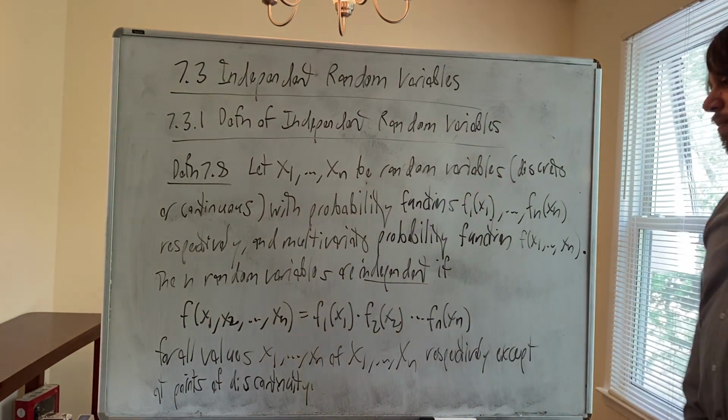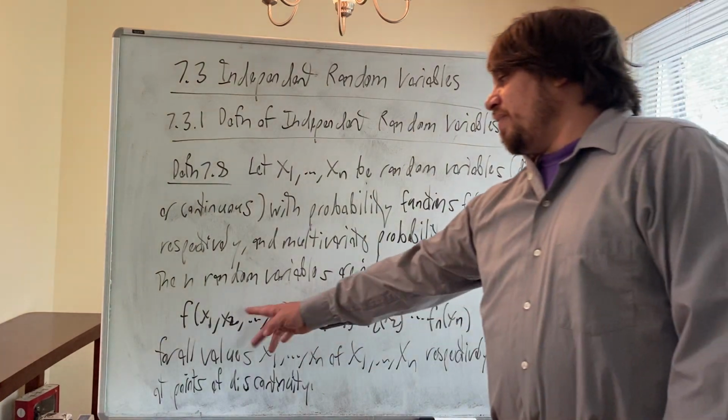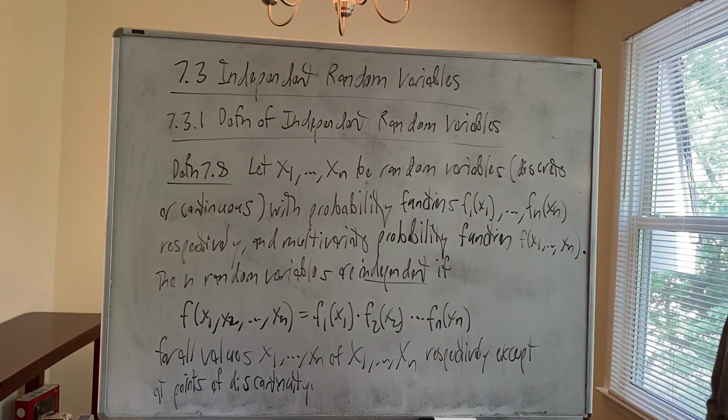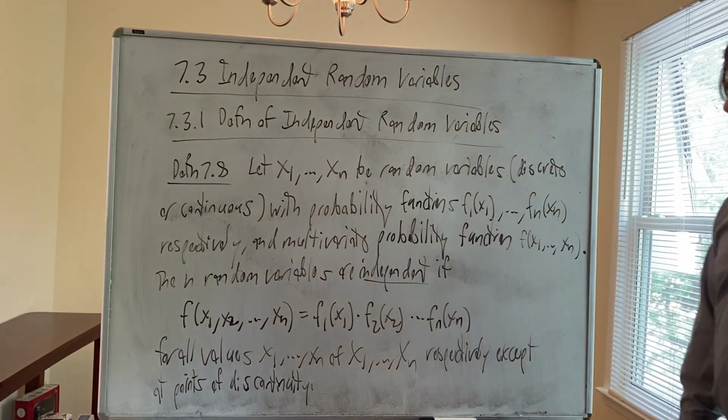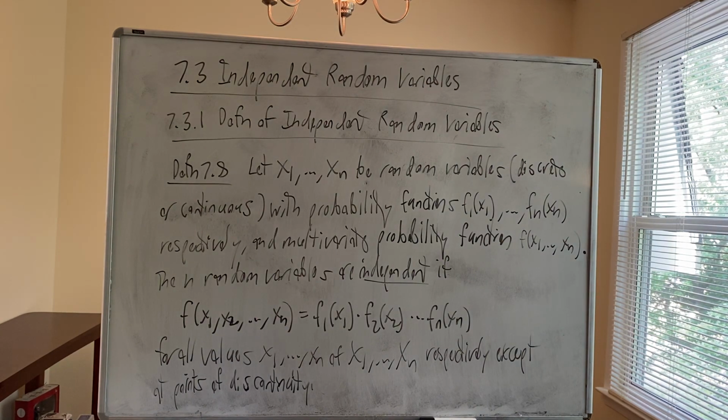Okay, so where little f here is discontinuous, you do not need that equation to hold. All right, so that's the definition of n random variables, continuous or discrete, being independent.